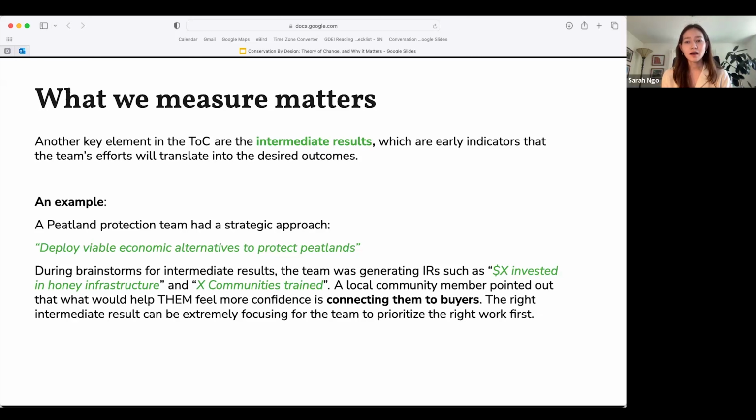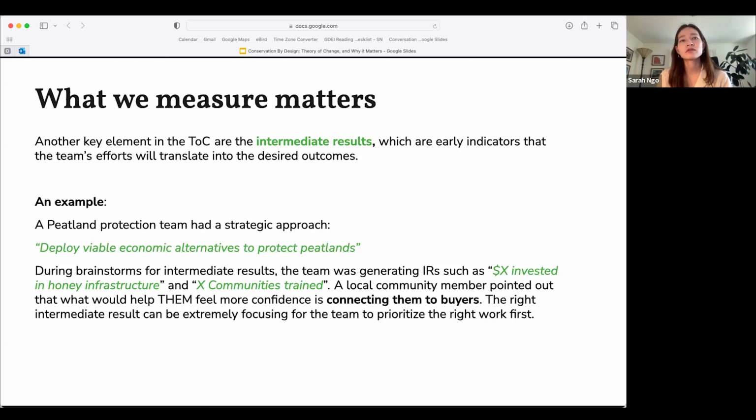I wanted to highlight an example from a peatland protection team who had a strategic approach in their theory of change to deploy viable economic alternatives to protect peatlands. In other words, this meant helping local communities have access to alternative sources of income besides ag conversion, such as producing honey or carbon credits.